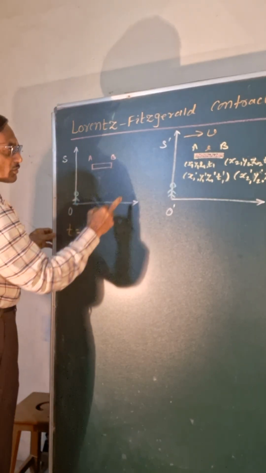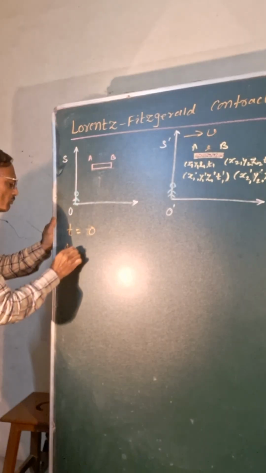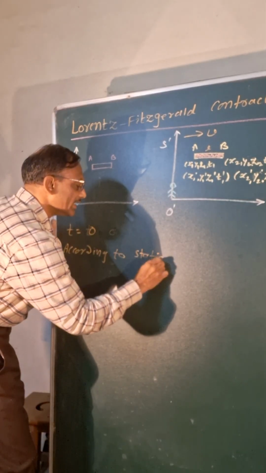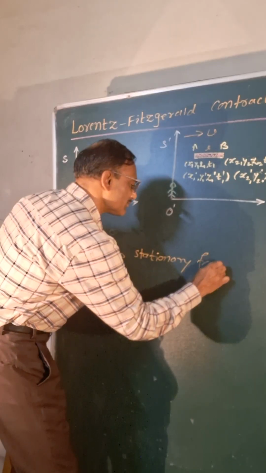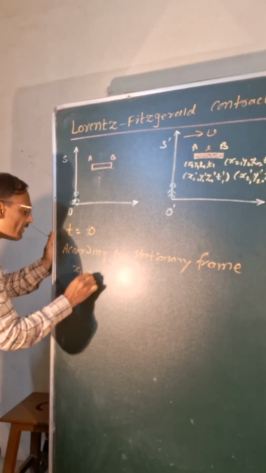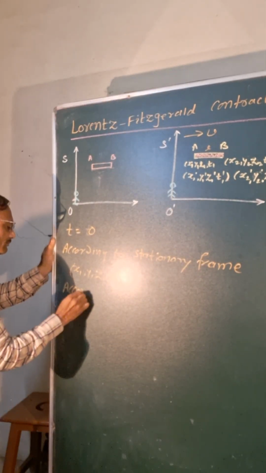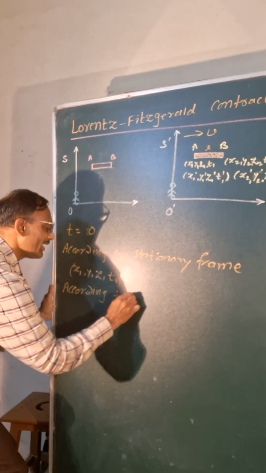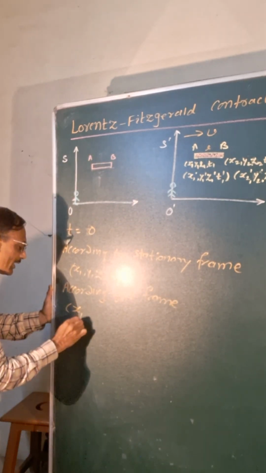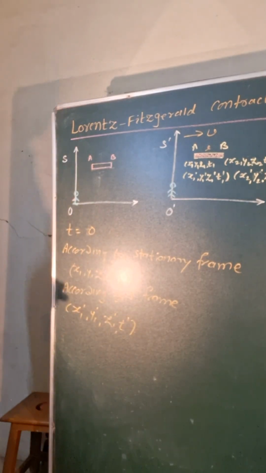Let the coordinates of the rod according to the stationary frame, or observer in the S frame, be x1, y1, z1, t1, and according to the S dash frame, or S dash observer, the coordinates are x1 dash, y1 dash, z1 dash, and t1 dash. These are the coordinates according to the S dash frame.